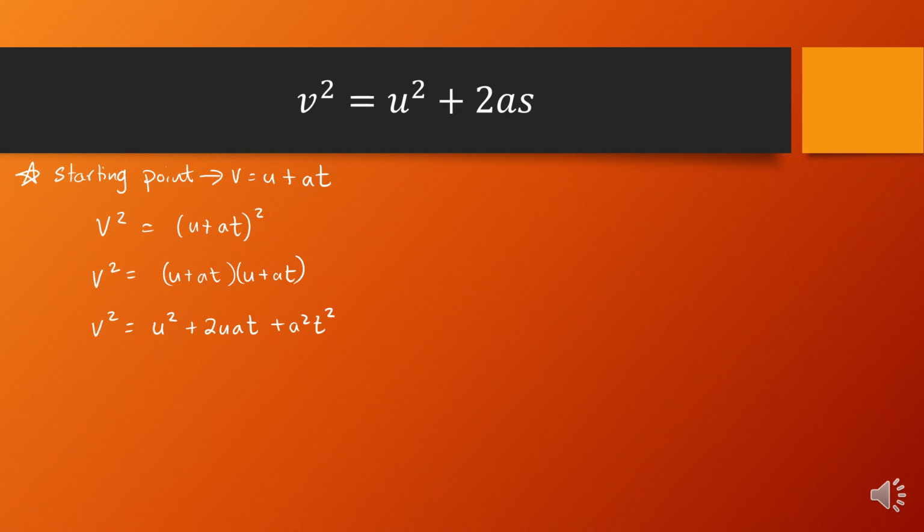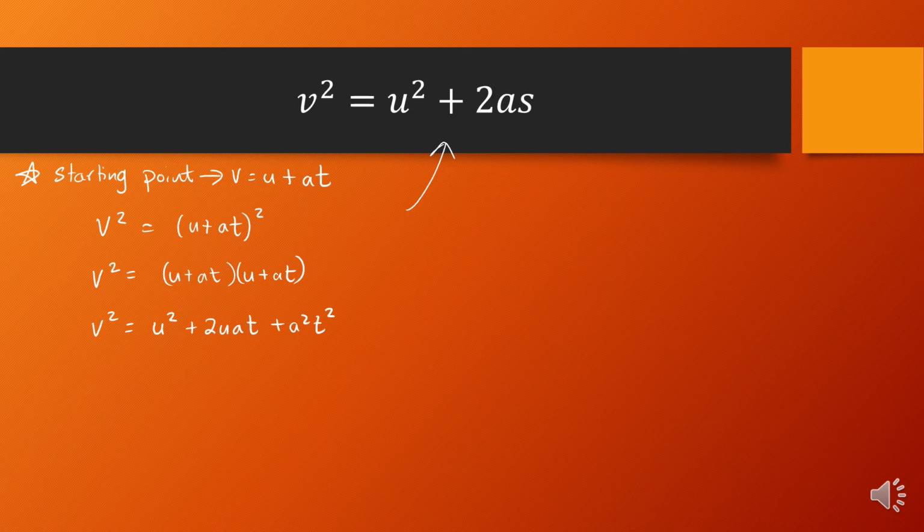We have quite a bit of what we're going to need. We have v squared equals u squared, plus we have the factor of 2. So how are we going to work with this? How are we going to make it look like what we need up here? Okay, and here's the next trick.